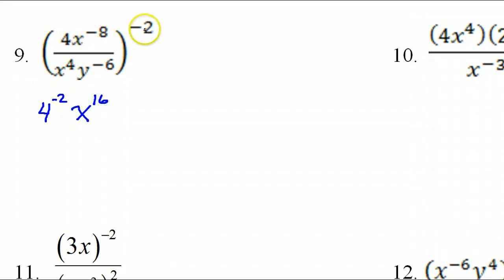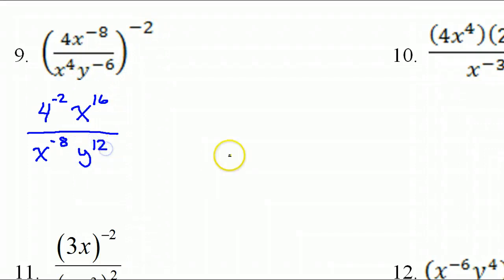I'm multiplying. -8 times -2 is positive 16. Now I'm multiplying all of these by -2. So I will have x to the -8 power and y to the positive 12 power. Okay, so I have that.